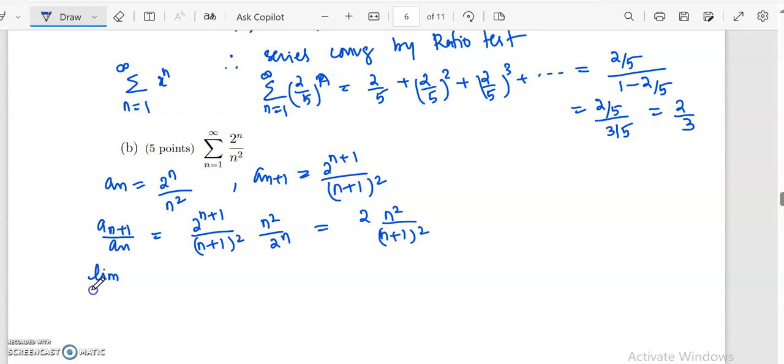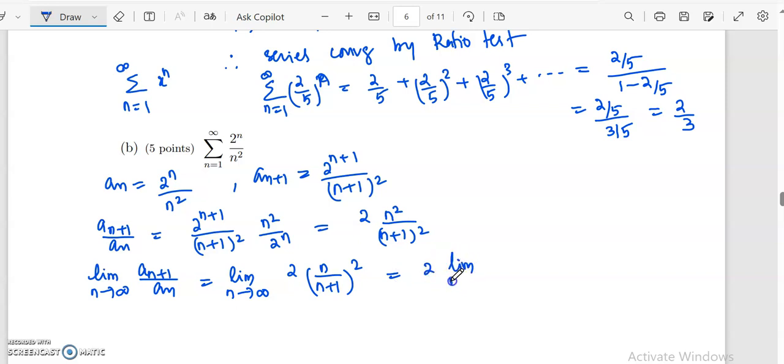So if we take limit n tends to infinity a_(n+1) by a_n, that will be equal to limit n tends to infinity 2n square by (n plus 1) whole square. So that will be 2 times limit n goes to infinity, which can be written as 1 by (1 plus 1 by n) whole square.